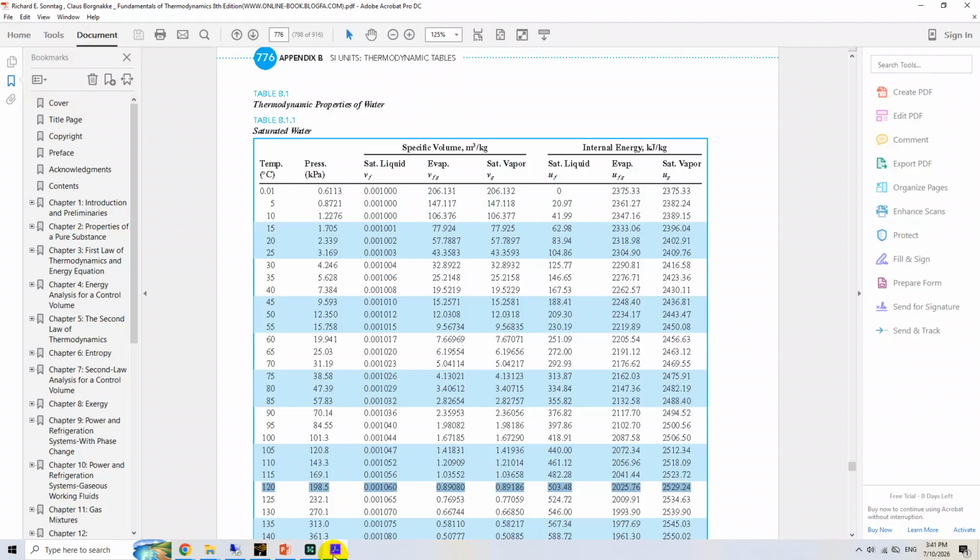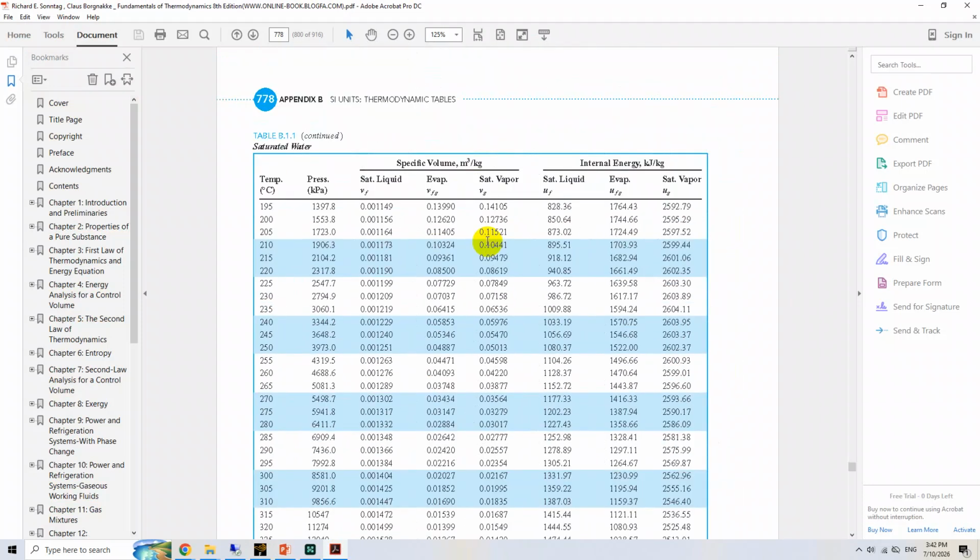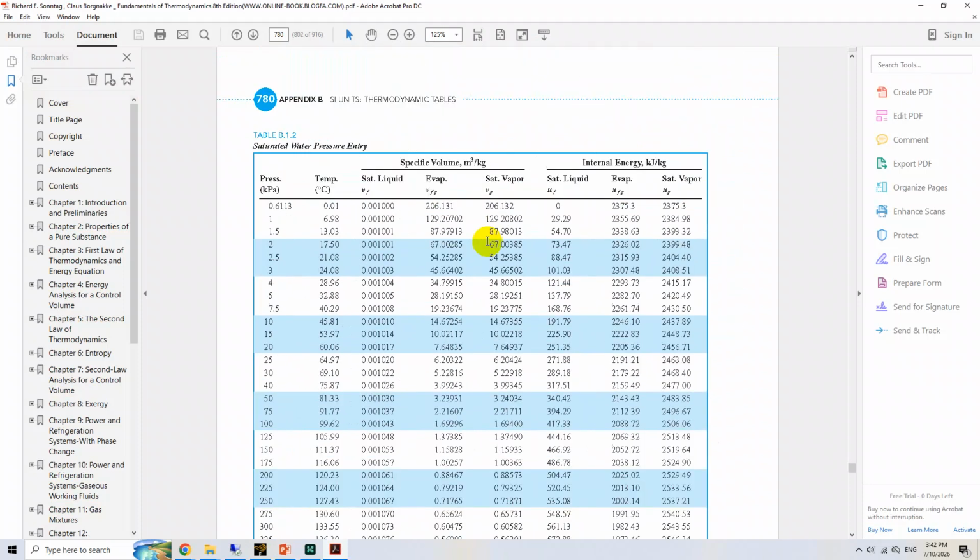we go to the other table, B.1.2. In the B.1.2 table, the first column is pressure and the second column is temperature.